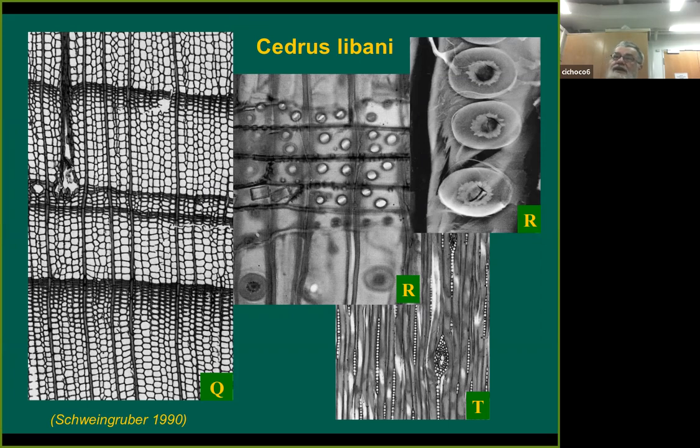As you know, cedar is growing in higher elevation in mountains, especially in the Lebanon, in Syria, in Turkey, in Cyprus, and then there is another stand quite far apart at the Himalaya.